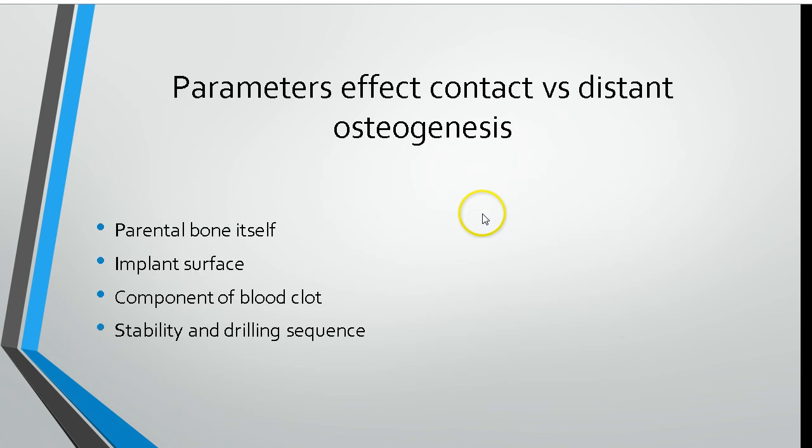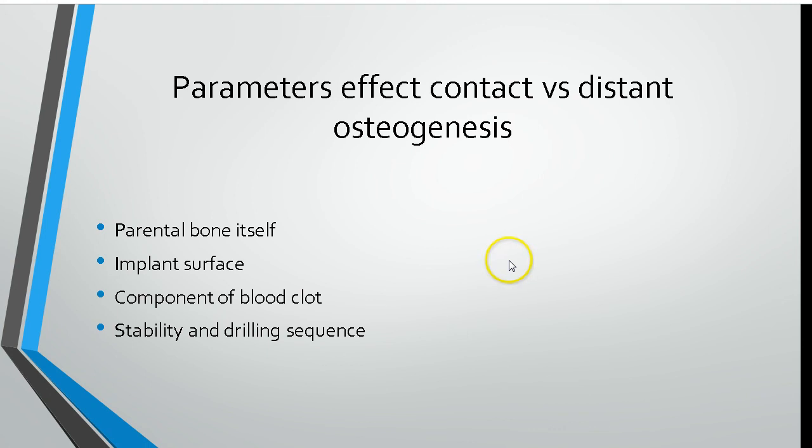So what are the parameters that affect distance versus contact? Well, obviously the type of bone, and the implant surface, smooth or rough, as we talked about. This is why the smooth part of the implant should not be below the crestal bone, because you're not going to get bone formation on that smooth part since the fibrin won't attach, as we discussed earlier.